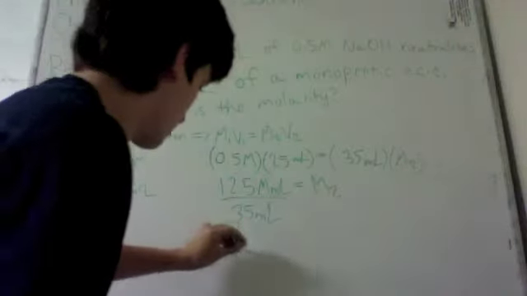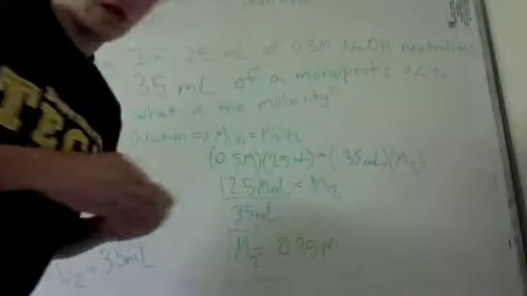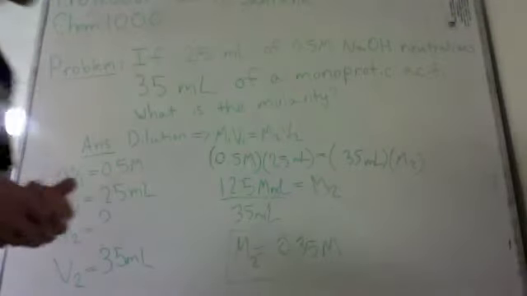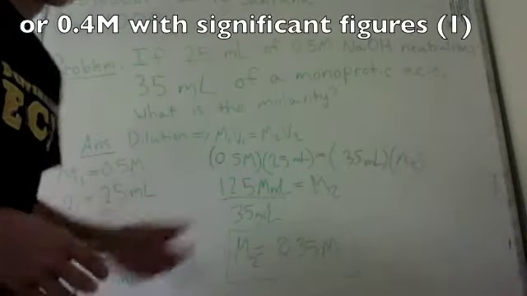We cancel these out, and the final result is M2 equals 0.35 M. So that's the molarity for this equation and the answer.